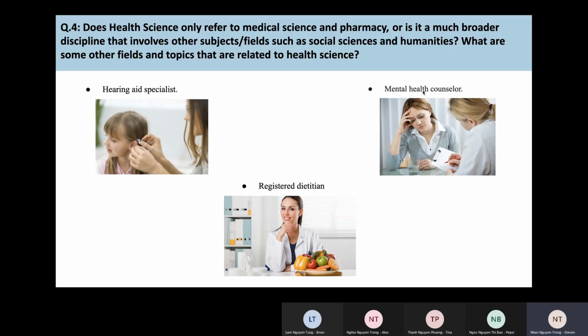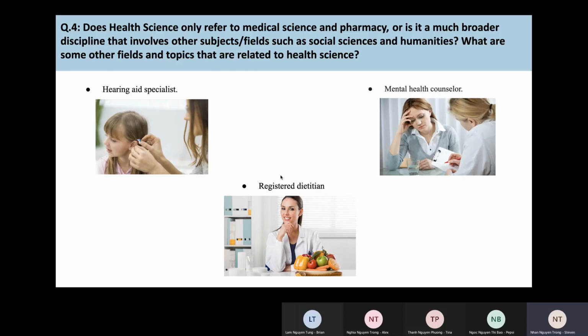And next is mental health counselor. People working in that field are often licensed professionals, so they treat the cognitive, behavioral, and emotional aspects of mental health and substance use conditions. They work with individuals, families, couples, and groups in a variety of settings.